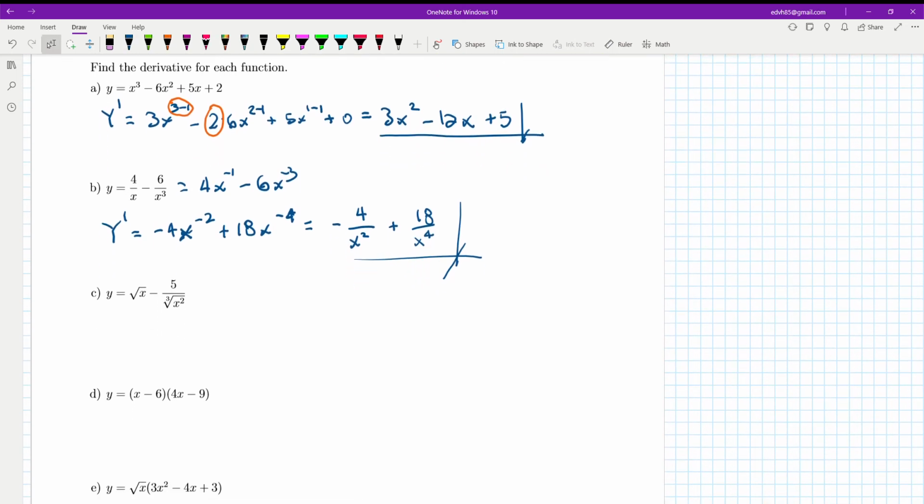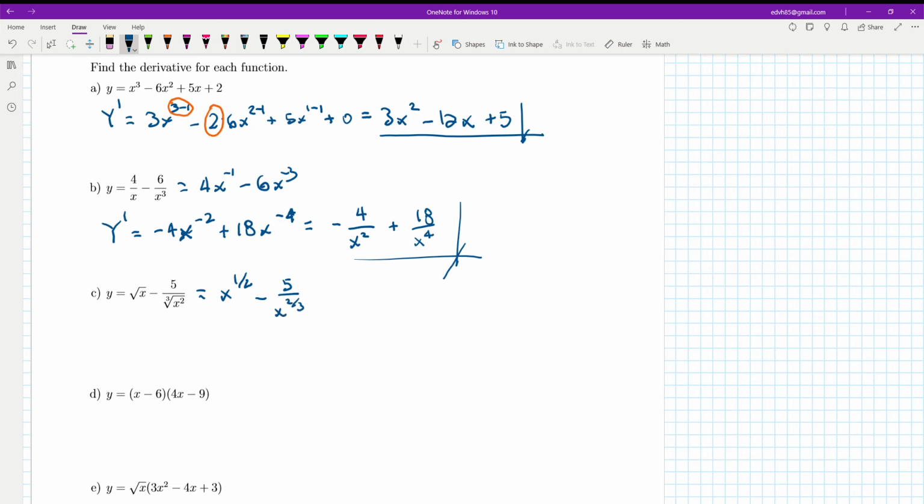For letter C, we're going to do basically the same. We need to rewrite because we cannot just differentiate the radicals this way. We need to rewrite this the following way. So we would have to write this radical as x to the 1/2 minus 5 over x to the 2/3.